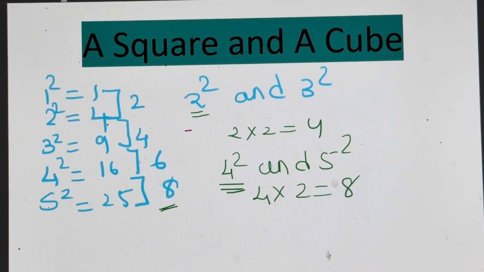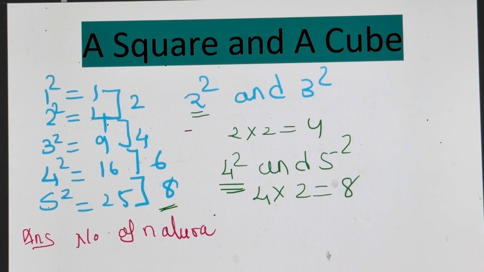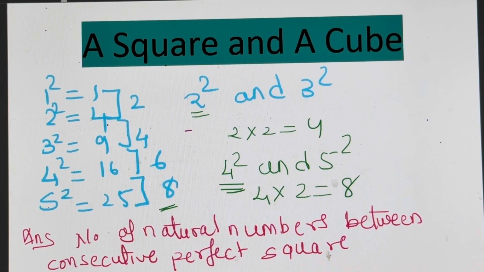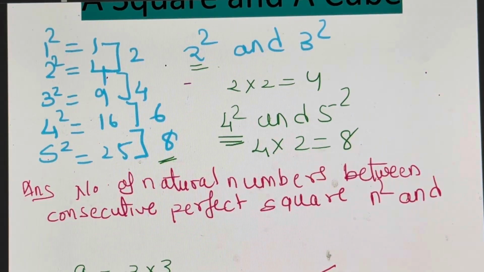Right? So we can derive the answer that the number of natural numbers between consecutive perfect squares, they should be consecutive, that is important, in terms of n, between n square and n plus 1 square, is 2n.